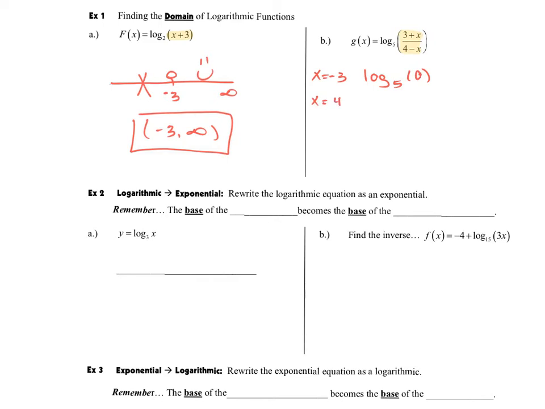And what I would notice here is that the denominator would become 0, which of course is also not possible. So when we set this up on our number line, we need to put both of these x values on the number line. So I'm going to put my -3. That's going to be open because it would cause the log itself to evaluate at 0. And I'm going to put my 4 also as an open circle because that would make the denominator, the fraction itself, become undefined.